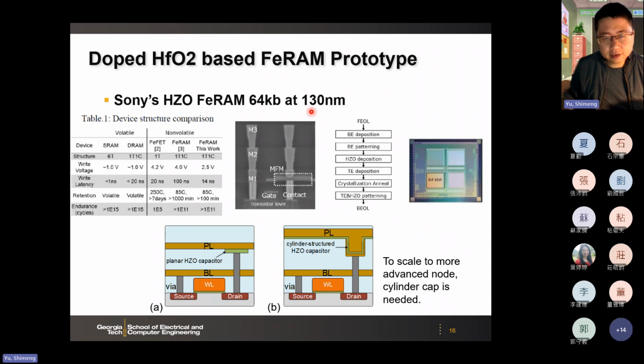If you go to this year's IEDM conference, Micron is going to announce a 32 gigabit FeRAM chip. So this is much more advanced, 32 gigabit. And the technology node is roughly equivalent to 28 nanometer also. Micron uses their DRAM process, essentially.